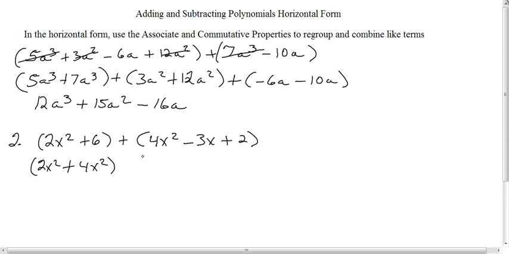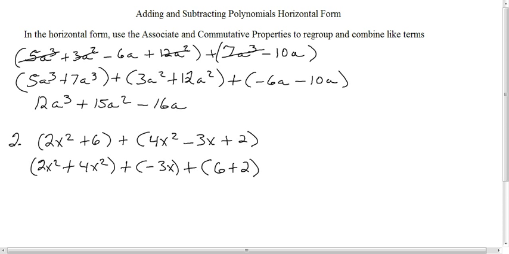And what I'm going to do is put plus, and I'm just going to put a negative 3x here, and plus, in my last group I have my constants, which are like terms, 6 plus 2.